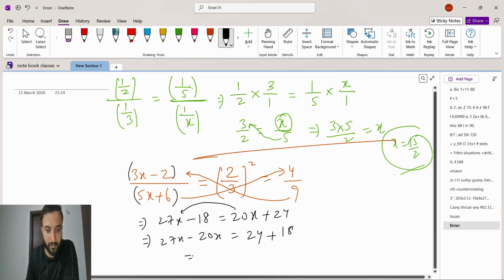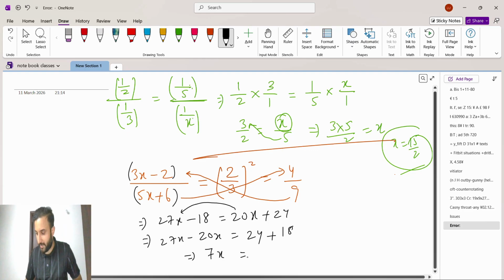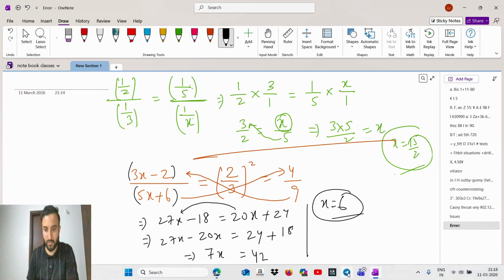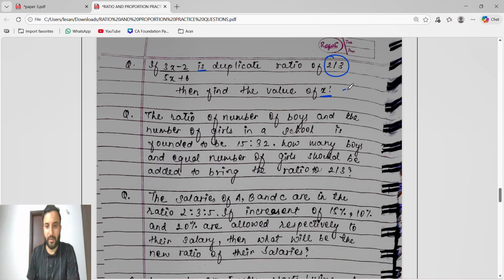So 27x minus 20x, only 7x you have. Then 24 plus 18 you will get 42, so 7x is equal to 42, so x equals 42 divided by 7, that is 6. We got x value as 6. Answer is 6, done guys.